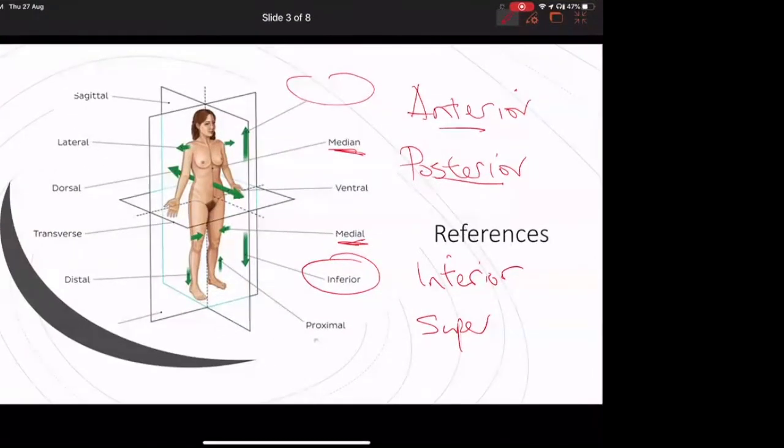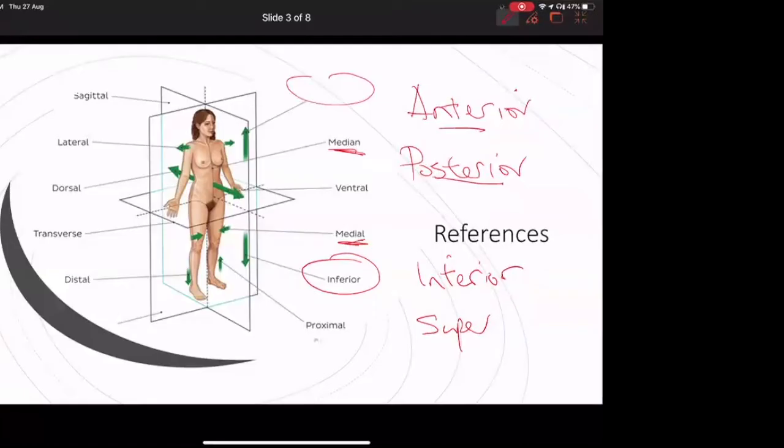Sometimes you hear distal and proximal. Distal and proximal is another way of organizing things in the body. Distal actually means far away. Proximal actually means closer.